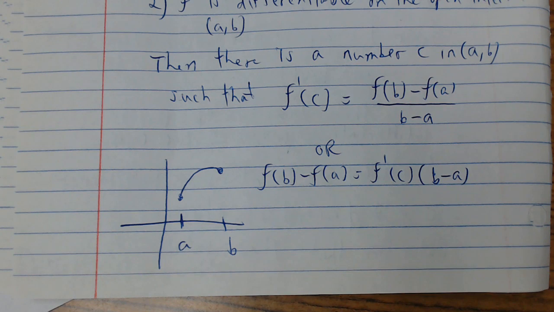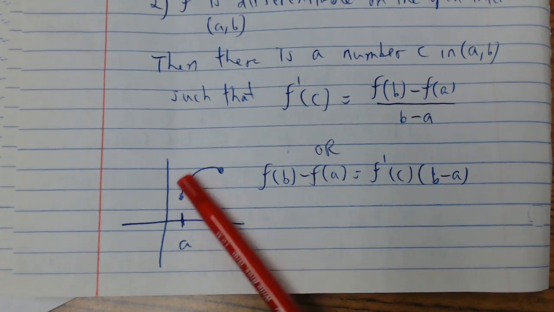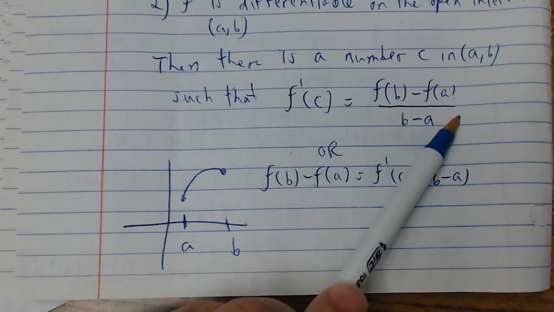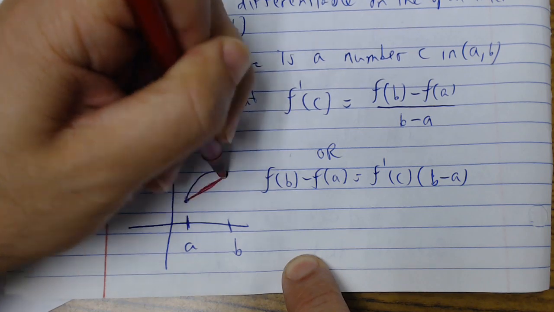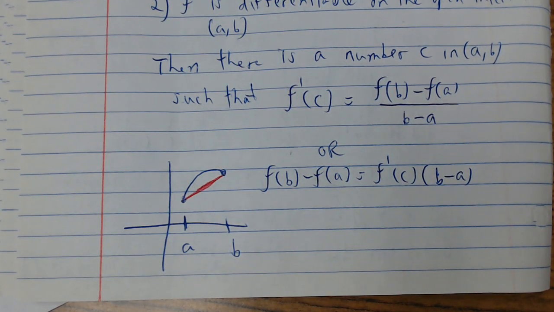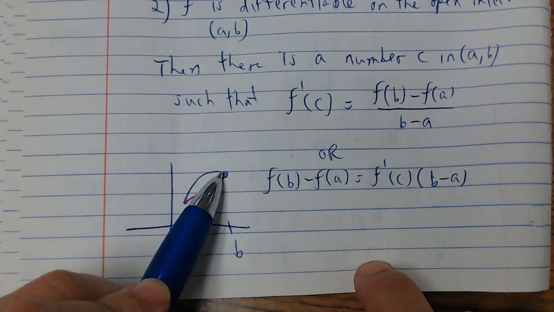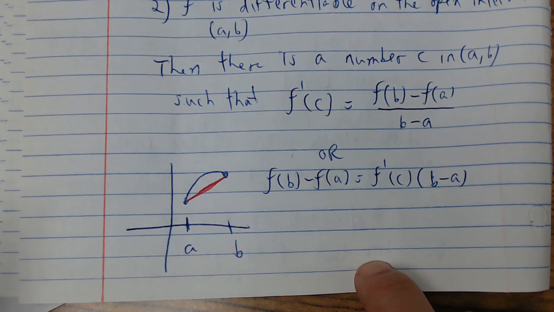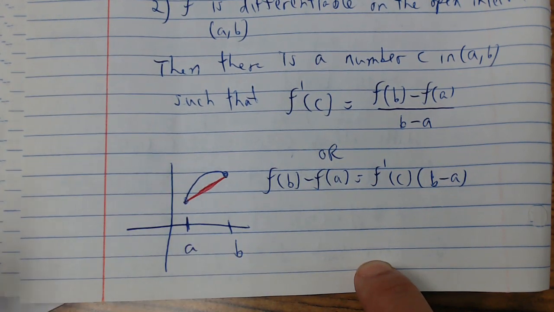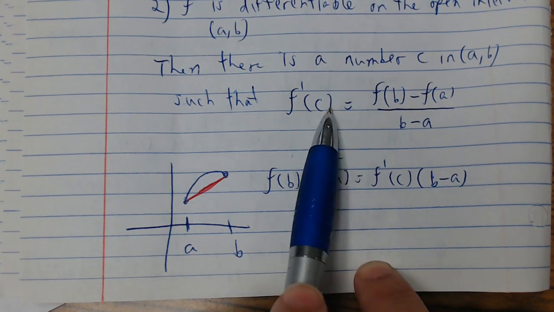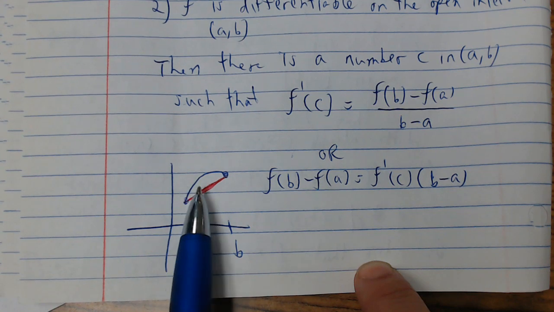Basically, it's saying if you find the average rate of change from A to B, because after all, this is the average rate of change, isn't it? So if I find the average rate of change from A to B, which is the slope of this red line, what the mean value theorem says is, you could find at least one place, it could be more than one place, but we know that there exists one point on this curve where the slope of the tangent line is the same as the average rate of change, which means the tangent line and this line are parallel.